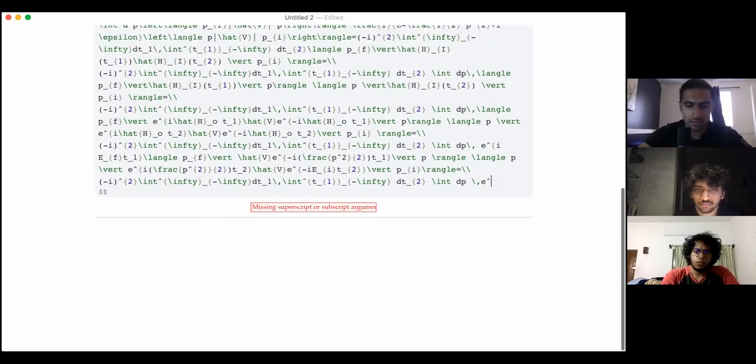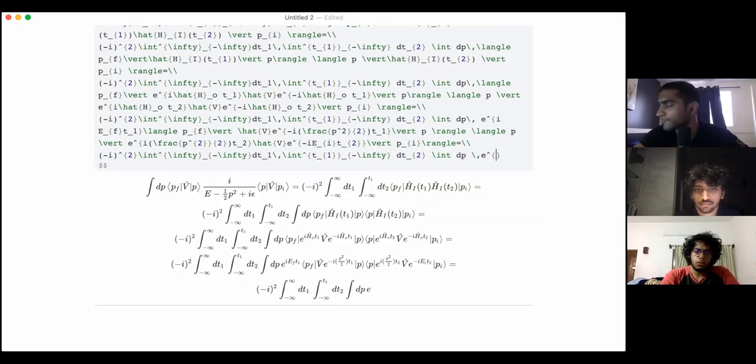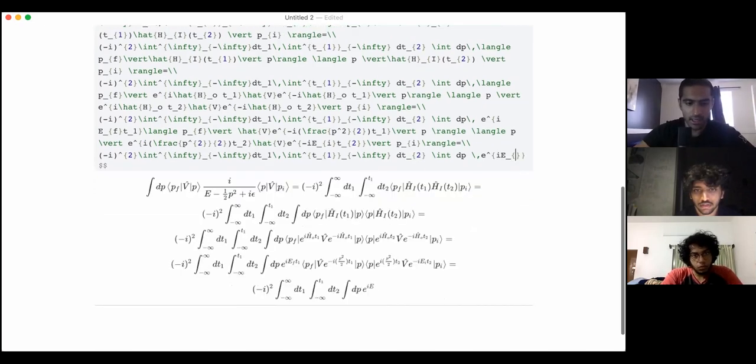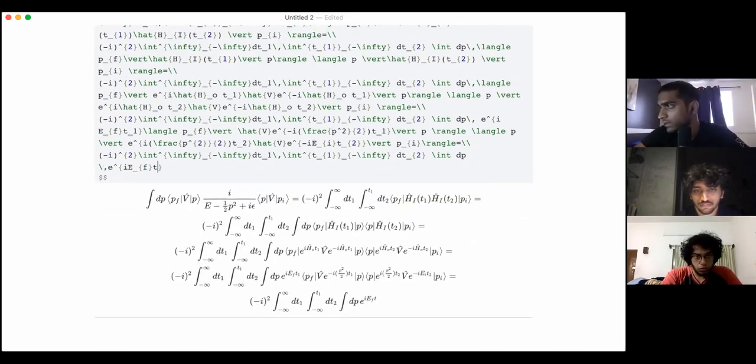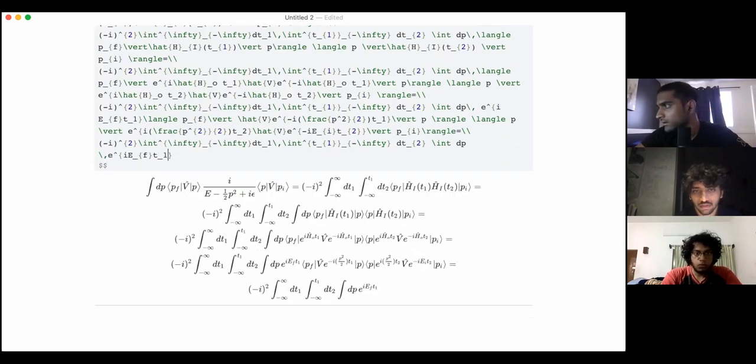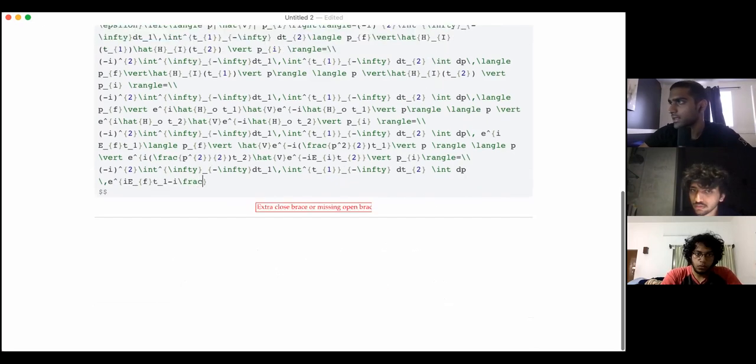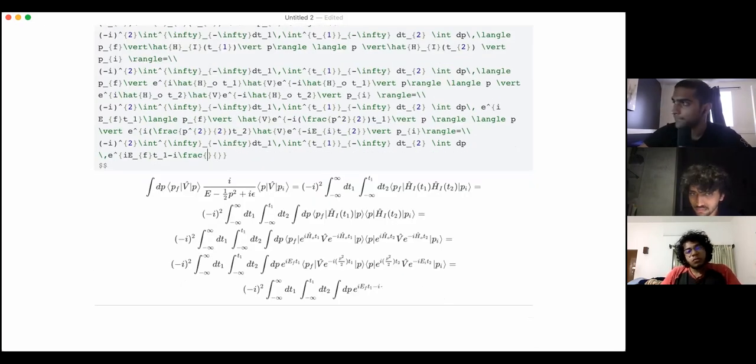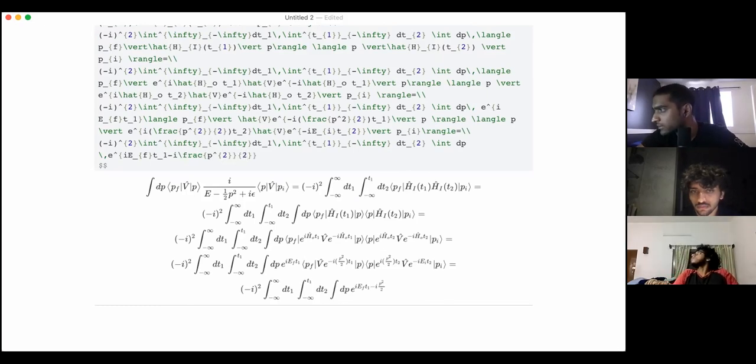E to the power, let's just add them. i E_F t1. E to the power minus i p squared over 2. Are we in agreement? Yep. t1.